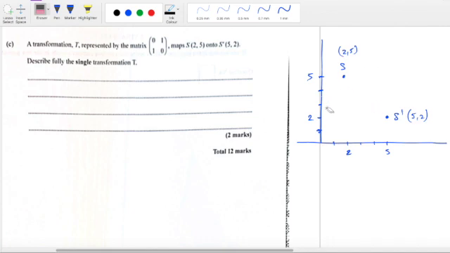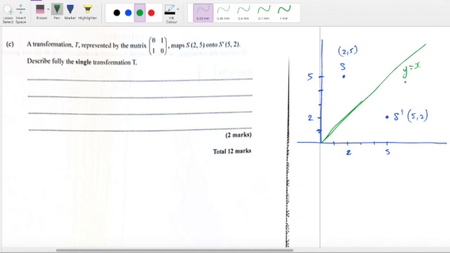I don't know if it could be a rotation, but one thing I am seeing here is that we have the line y is equal to x. And remember the different types of transformations: we have reflection in the line y is equal to x. It's not a translation. Chances are it's not a rotation, but definitely it could be a reflection.